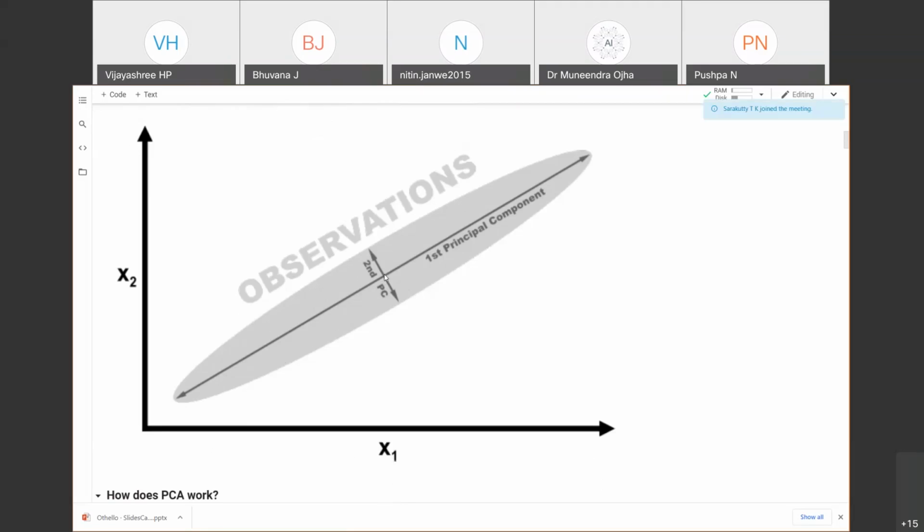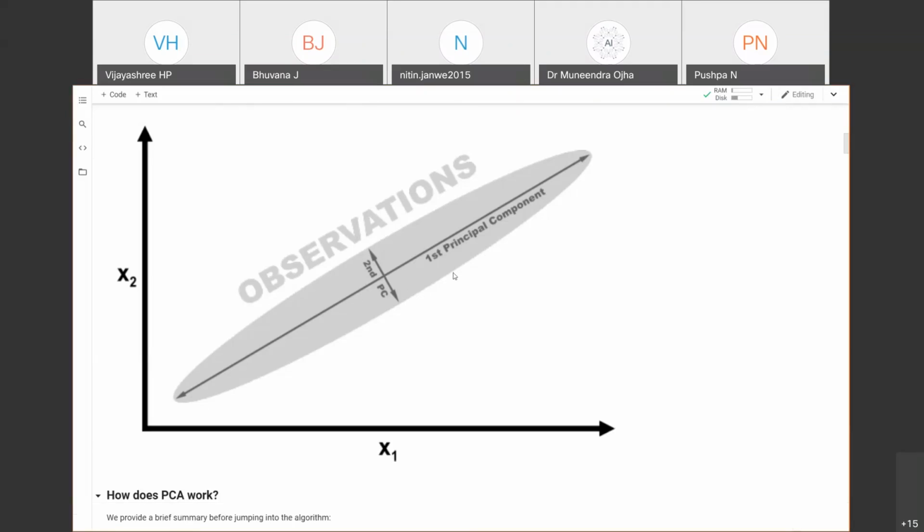As many variables as you have in the original sample, that many principal components will be created again, and it's your responsibility to decide which principal component to keep and which to discard. It starts from the first principal component and goes downwards.